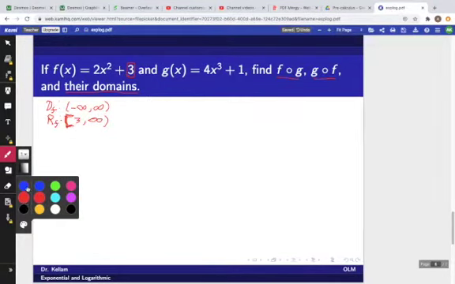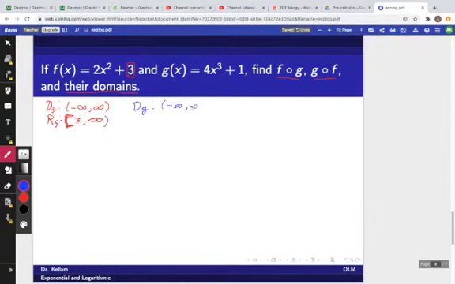The domain of g is a cubic function. We know that's all reals. And the range of g, well, the range of a cubic function is also all reals. So here are the domains and ranges of the original functions.